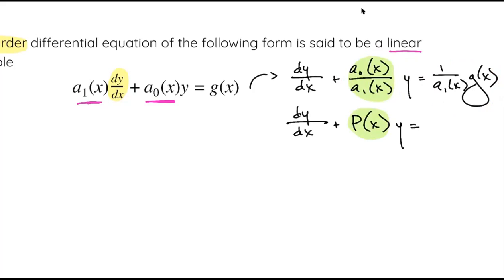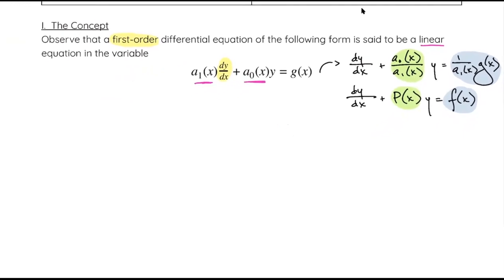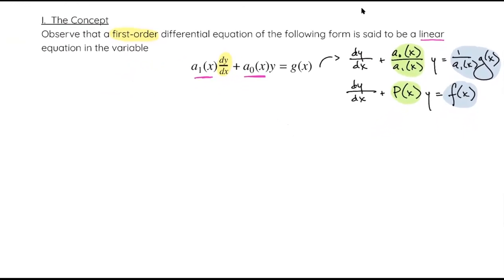And we're going to call 1 over a sub 1 of x, g of x, we're just going to call that f of x. All right, so we divided through, we renamed some things, and this is where we're going to start our story for today. Okay, so we have this function, and let me go ahead and copy this.